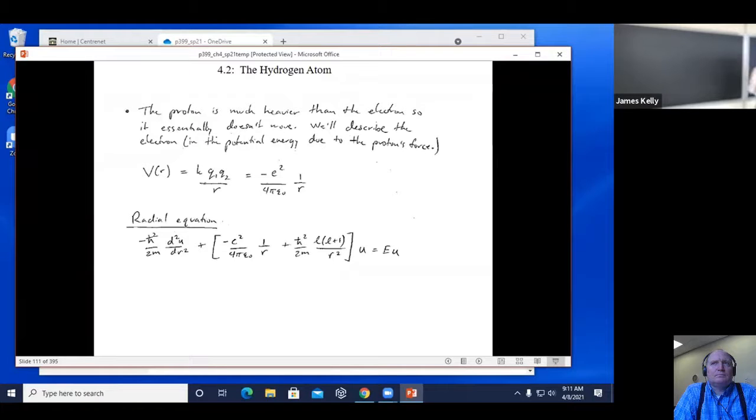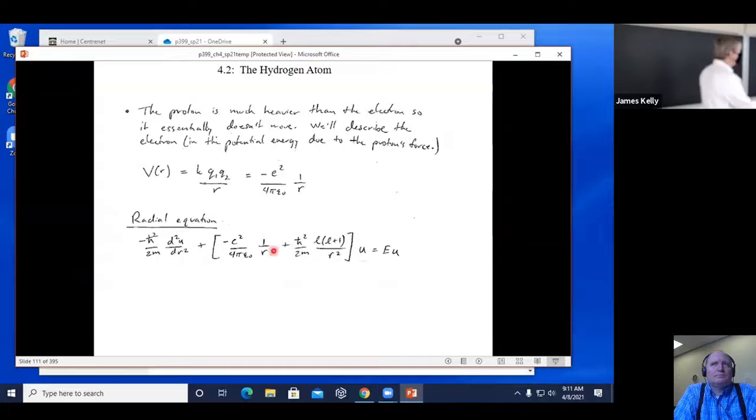Now, there's not actually any potential energy associated with it. It's because you're viewing things from a non-inertial reference frame. But you can think of this term as characterizing the faster you are rotating around. In other words, the bigger little l is, the more angular momentum you have, the harder it is to get towards the center. It's like there's some additional potential energy repelling you from the center.